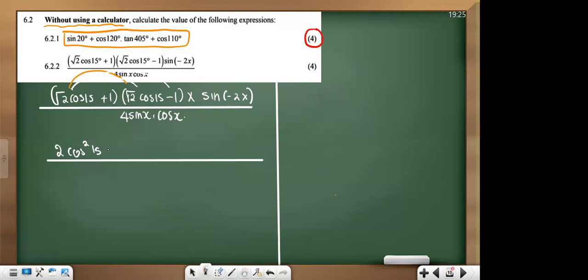Excuse me. So I'm gonna have minus square root of 2 cos 15, multiplied by 1 plus square root of 2 cos 15 minus 1 times +1. That will actually give you -1 times... Okay, I see something. Sine -2x.